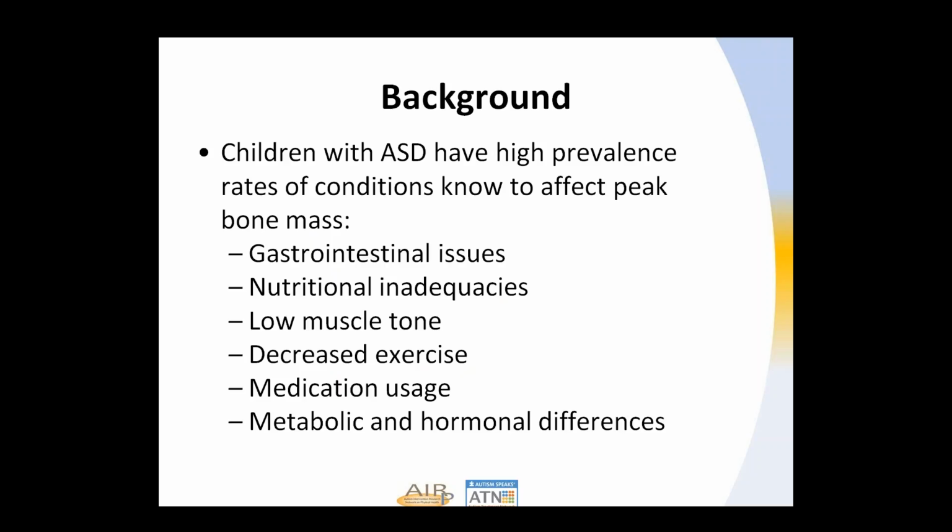Low muscle tone and decreased exercise are also known to decrease peak bone mass. Certain medications, including seizure medications, antipsychotics, and SSRIs, can also affect bone mass, and there are metabolic and hormonal differences, which may also affect the bone mass.